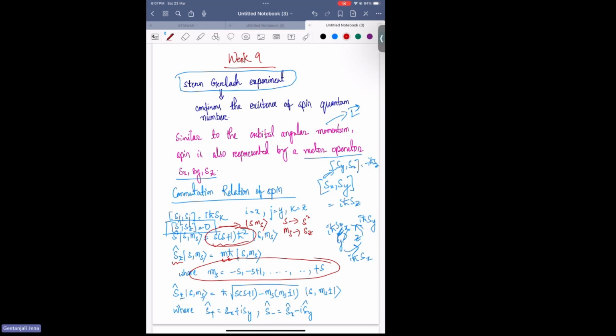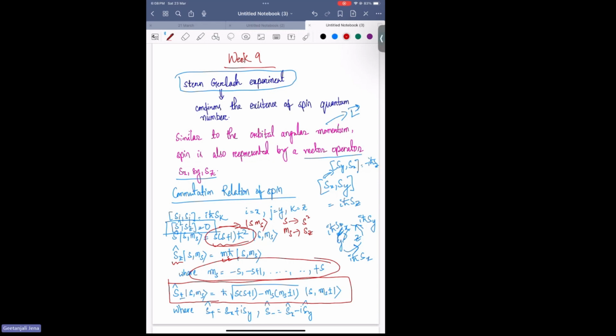Similar to the raising and lowering operators which we have seen in the previous section, which are used to go from one quantum state of the system to another, here also we have a raising and a lowering operator, S plus and S minus. The action of these operators on a quantum state |s, ms> is similar to the equation that we have seen in the orbital angular momentum case.